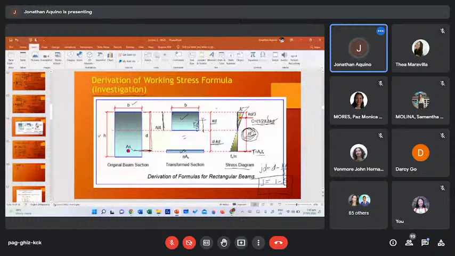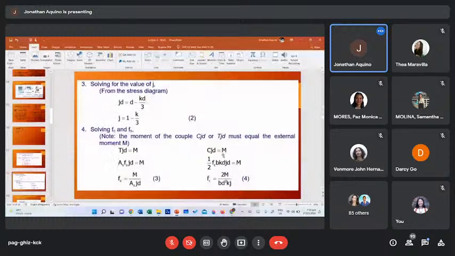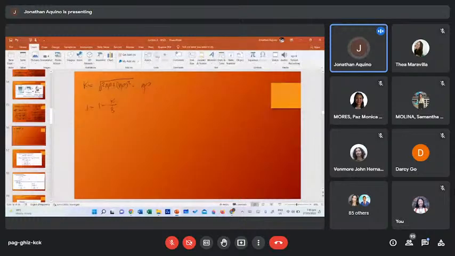So from that, the moment capacity, considering steel, is just simply M is equal to T times jd.